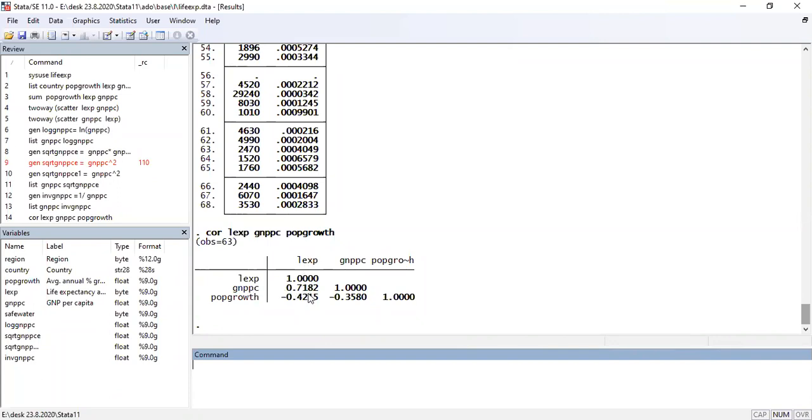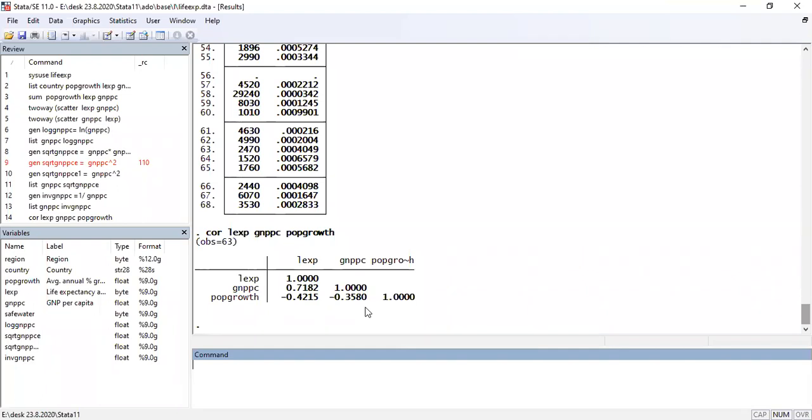One between LEXP and GNPPC, which is 0.718. Number two, LEXP and population growth, minus 0.42. Number three, GNPPC and pop growth, which is minus 0.358. So more or less, you have covered a lot of descriptive statistics. Many other things can be done, graphs and all this.